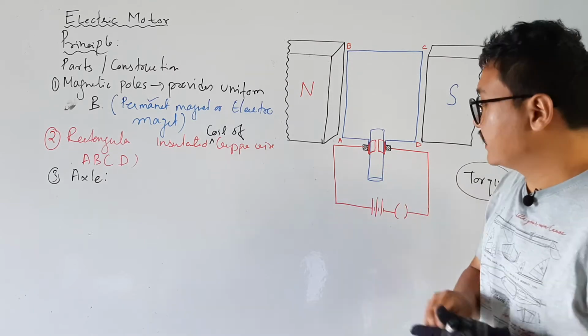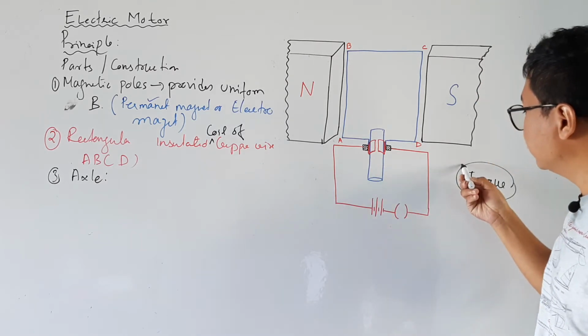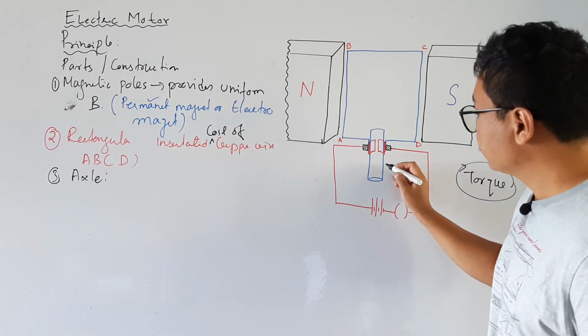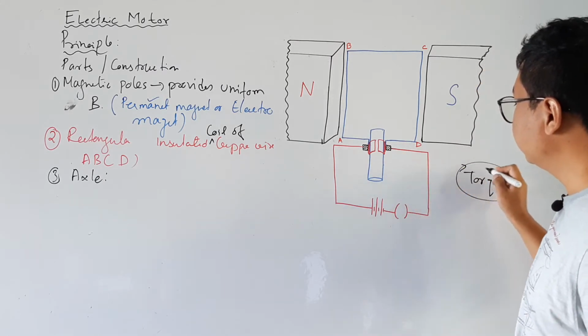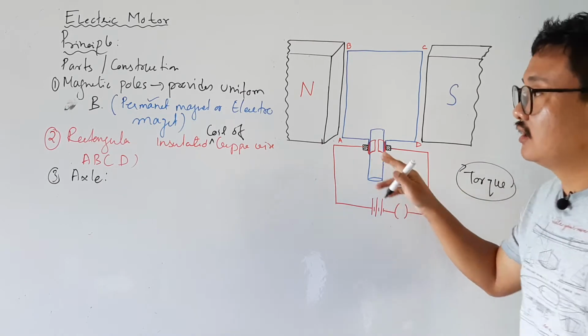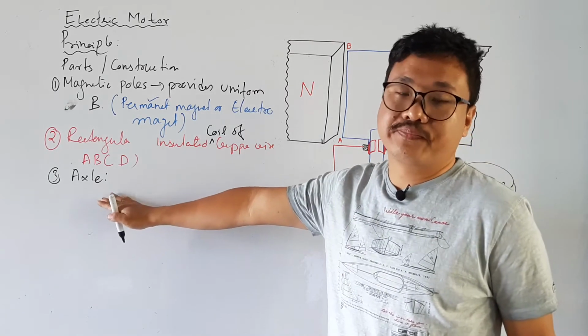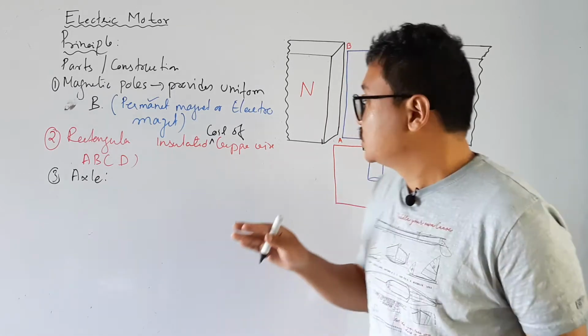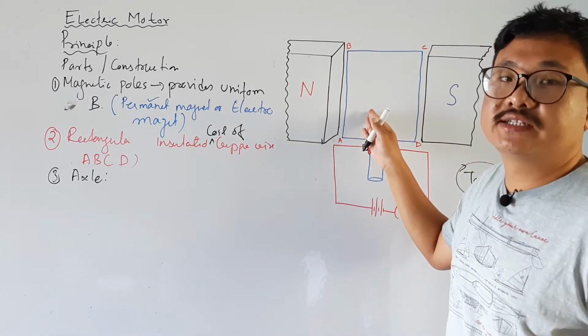Whenever you draw this diagram, make a line like this and write here axle, okay. Label गर्नुपर्छ यसलाई, okay. Please label it. Just like this and write axle, okay. This one is an axle. What does this axle do? Okay, it gives mechanical support to the insulated copper wire.